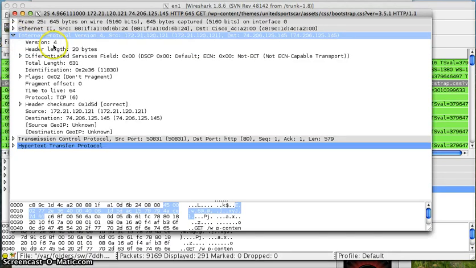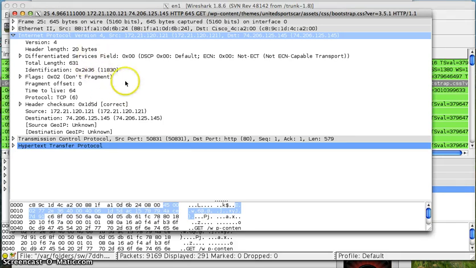I'm going to open that up, and these are all the fields that are in the IP packet or the IP header to address this packet to get it to its destination. So this would be kind of like looking at the envelope on a letter and reading the address label. Hey, this address is going to Doug Brown at 123 Happy Street, Mechanicsburg, PA 17055. This is identifying Doug Brown in Mechanicsburg as opposed to Doug Brown in Lima, Ohio, for example.